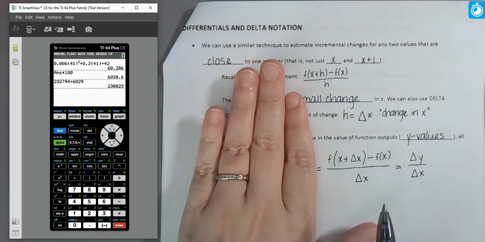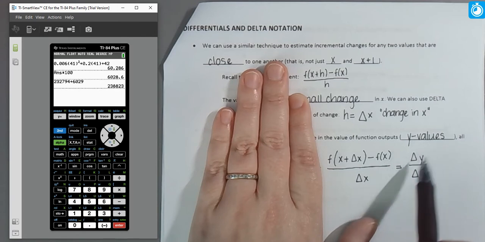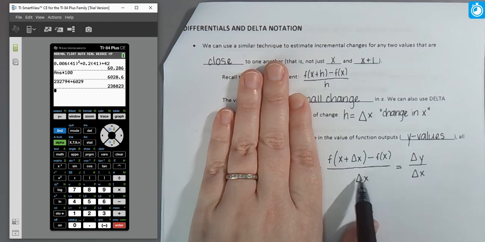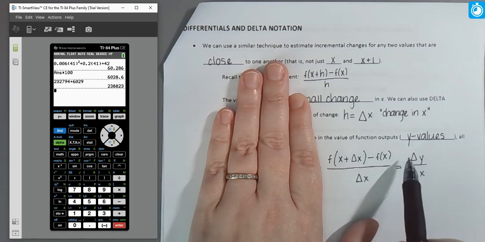So if we were to essentially throw all of this away at the moment and just analyze what we can see with this, just the change in y, these two numerators are going to have to be the same. Notice the denominators are the same. They're both delta x, so that means the numerators have to be the same as well.